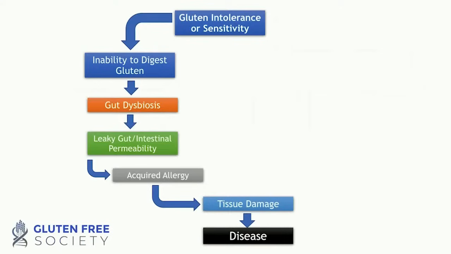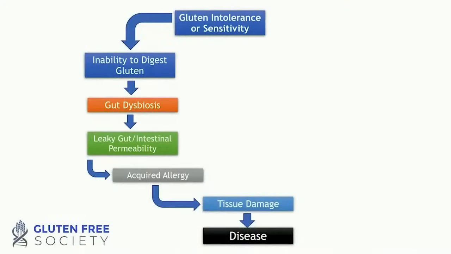It can minimize certain species and contribute to a permeable gut, or a leaky gut. And then leaky gut, over time, can lead to acquired allergies, because when you have little microscopic pinholes being punched in your gut, whole food proteins can leak across into your immune system and start triggering it to overreact. This is how people actually become more and more allergic to more and more foods over time: this leaky gut scenario. And of course, that leads to tissue damage and subsequently disease.